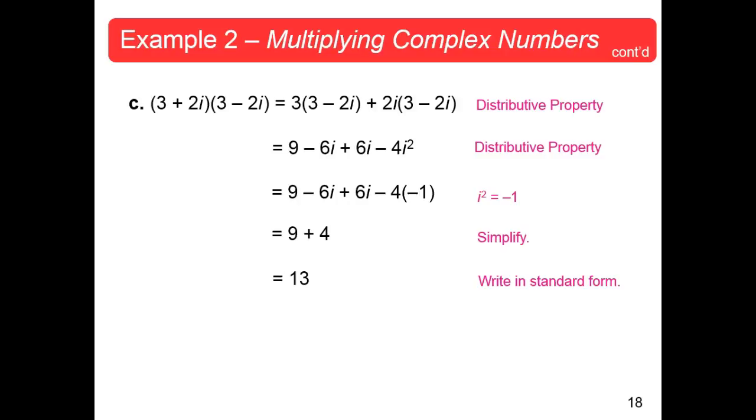Back when you did radicals, if you had square root of 3 plus the square root of 2 times square root of 3 minus the square root of 2, you would have these two multiplied together. That would give you 3 minus 2, which you'd lose your square roots. Guess what? Multiply complex conjugates together, you lose the i's.